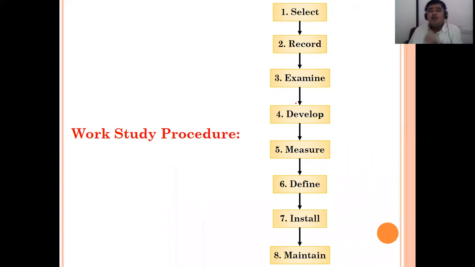After developing, measure it. Whatever change you have suggested, check whether that change is working effectively or not, or whether some small changes are required again. So measure whether the reduction in time, or the reduction in unproductive time, that you wanted is done or not. Measure it.